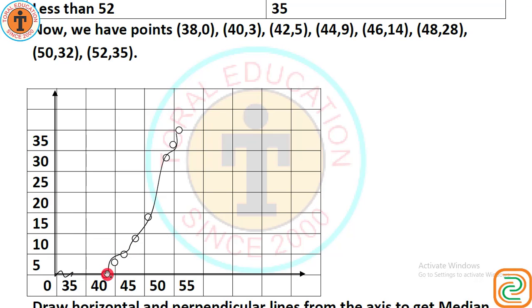In this way, we have drawn the graph. The graph should be like this, but I could not draw it properly. The graph should pass through all the points.